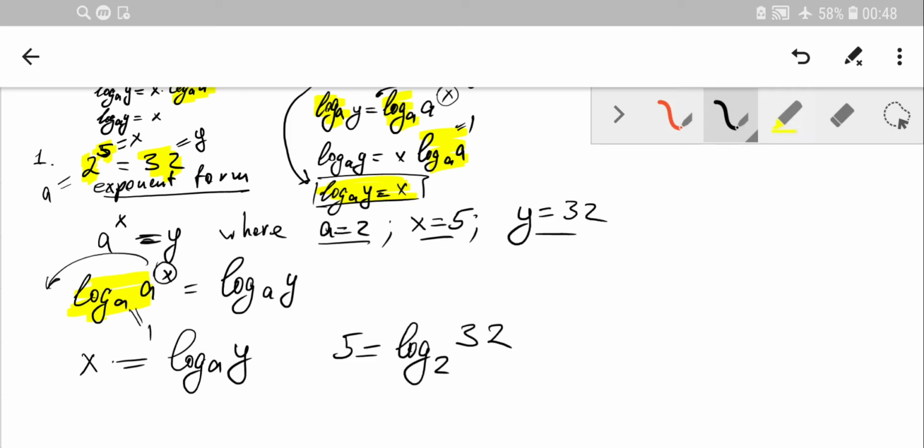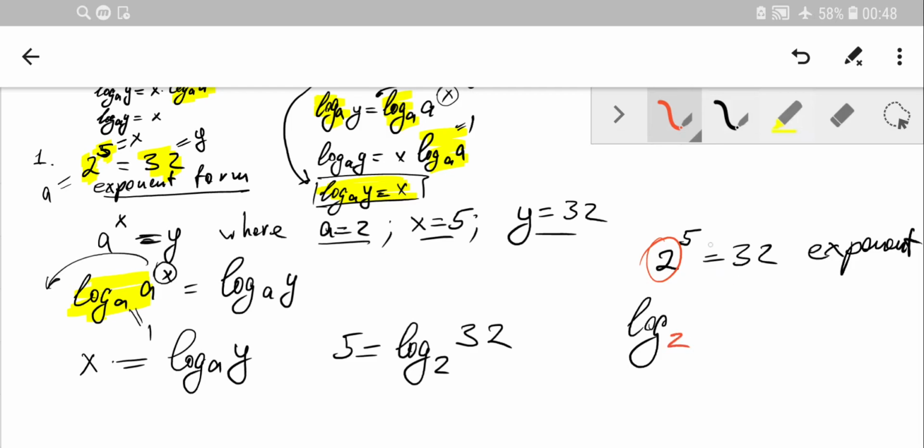Or if you feel confident without any formula, you can simply do what I started to do. If you have an exponent form, just apply log to both parts with the base of 2. So log base 2 of 2 to the power of 5 equals log again with the base 2 of the number that you have here, 32.